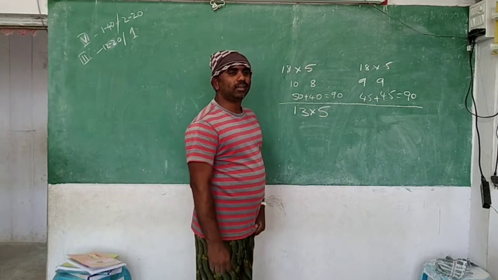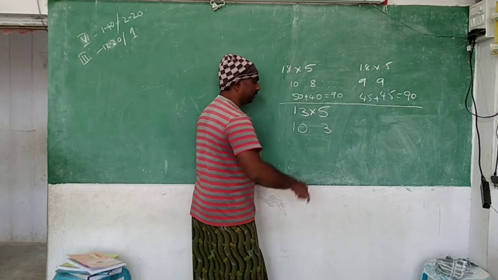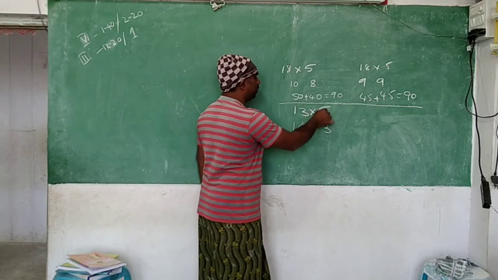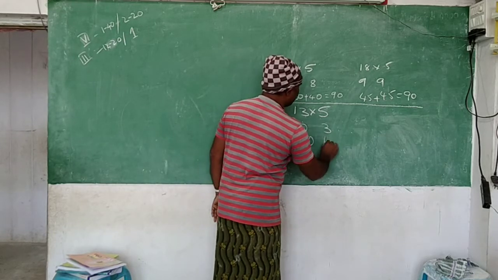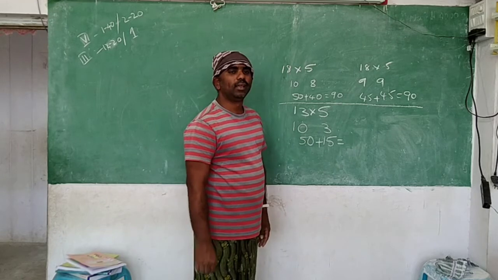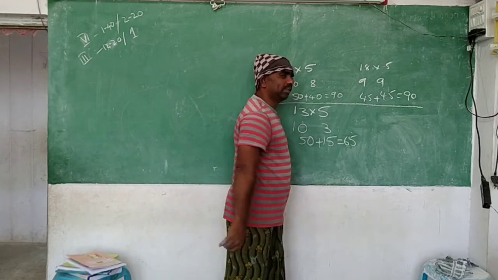How am I splitting now? 10 and 3. 10 fives are 50, 3 fives are 15. I will add both: 50 and 15 will be 65.